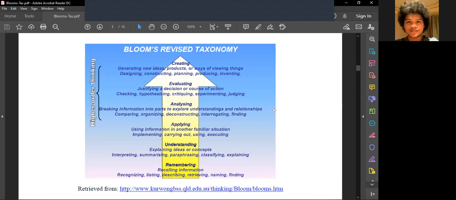Third is applying, using information in another familiar situation, implementing, carrying out, using, and executing. Now, we go to the higher order thinking skills. We have analyzing, such as comparing, organizing, deconstructing, interrogating, finding, evaluating, checking, hypothesizing, critiquing, experimenting, and judging. And the highest of them all is creating, designing, constructing, planning, producing, and inventing.